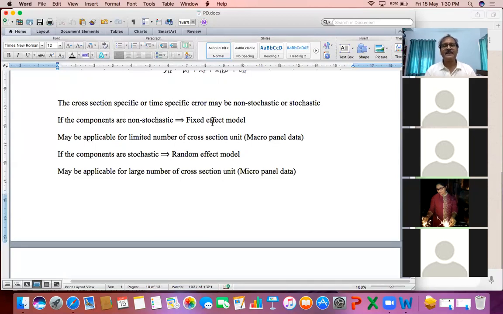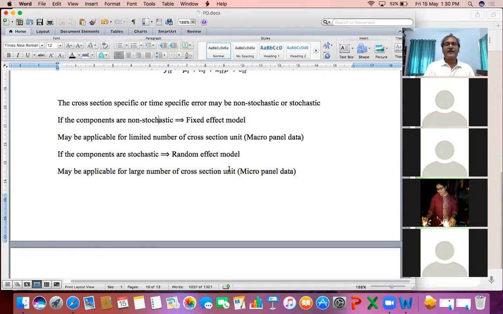If we pick up the cross-section units in a non-random way, the effect will be non-random. So if in your sample data the number of cross-section units is limited, you are not picking the cross-section units in a random way. And in that case the effect will be fixed, and you will have a fixed effect panel regression model.